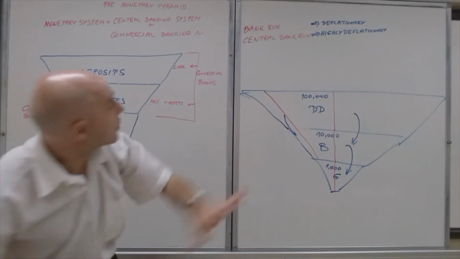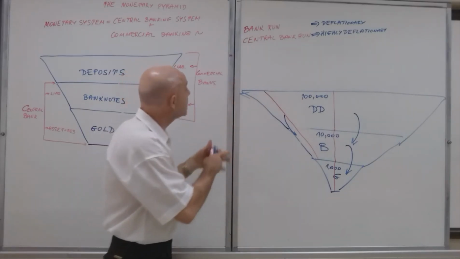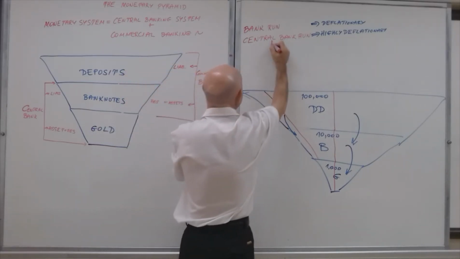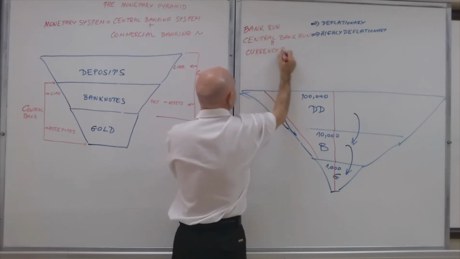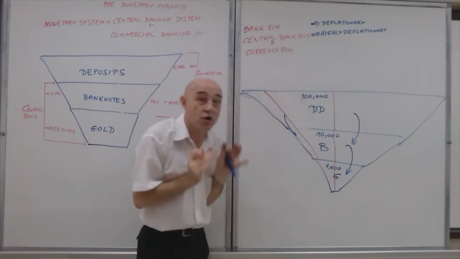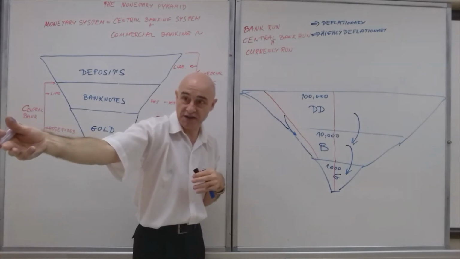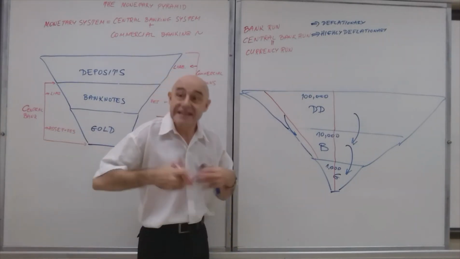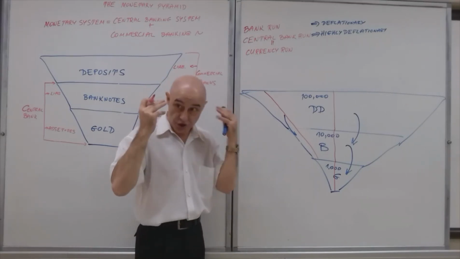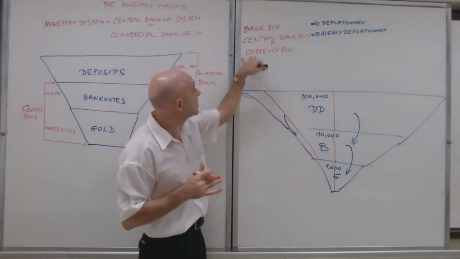All right, this central bank run is called a currency run. You don't like the local currency? You convert it for some other currency. Maybe dollars, maybe gold, maybe euro, something else which consumers, people believe is more stable than the local currency.